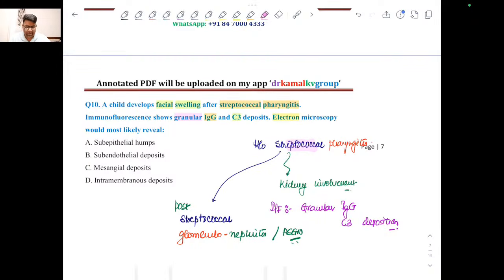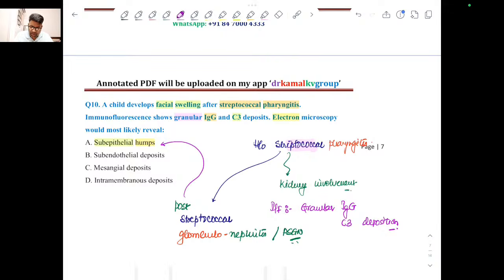Now what will we see on electron microscopy? Yes, we will see subepithelial humps, right? So please remember this, subepithelial humps in PSGN. Okay, Deepak, yes, Bhuvana, very good. So this is PSGN showing subepithelial humps.